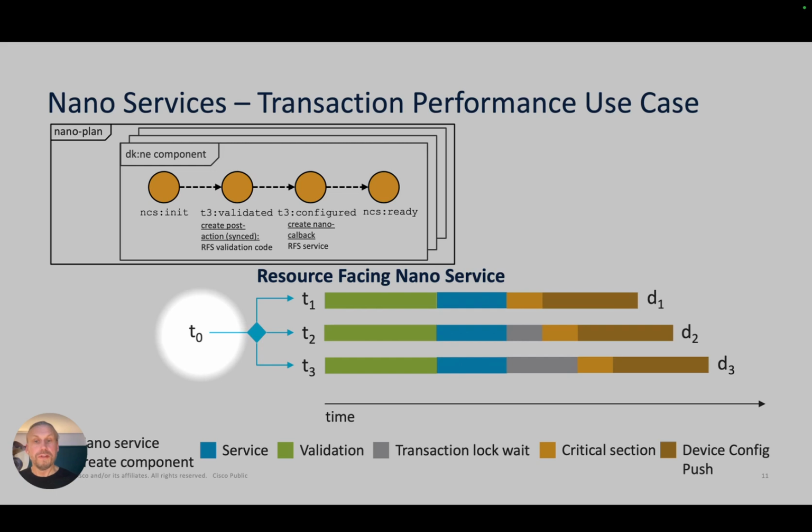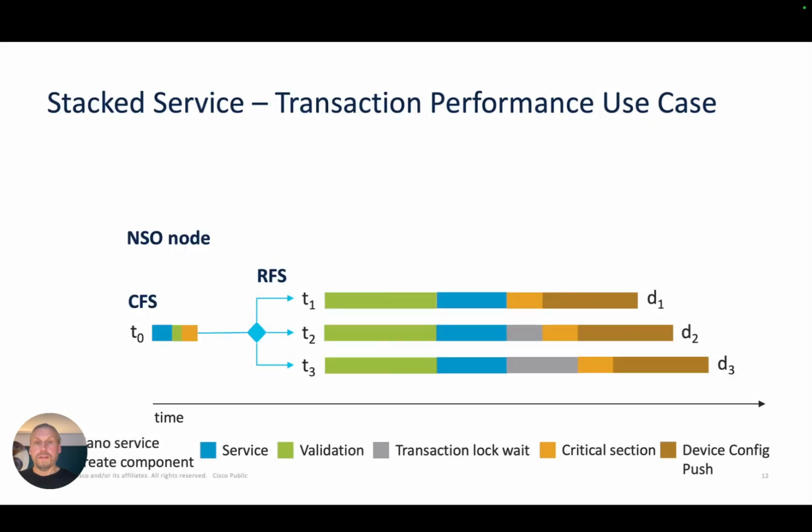We can just do one transaction to a Nano service, and the Nano service will take care of dividing it into components, where each component for our service here will be represented by one service instance per device. So again, we will have one commit, and then that Nano service will take care of dividing this up into different components or processes, so the transactions can run concurrently, as we saw in the previous slides.